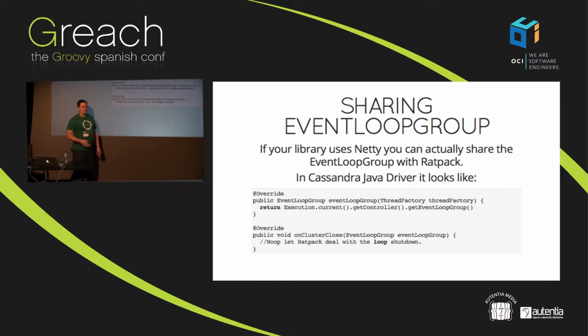It's going to try to clean up after itself. So that's what this on cluster close actually does. We actually don't want to shut down the event loop group, because that's the same one that's running Ratpack and actually the thing helping to run the shutdown sequence. So as you start adapting these different libraries, you need to make sure they're not trying to stop or start or modify the Netty group that you're using in Ratpack.